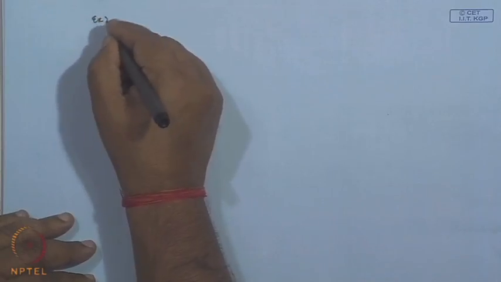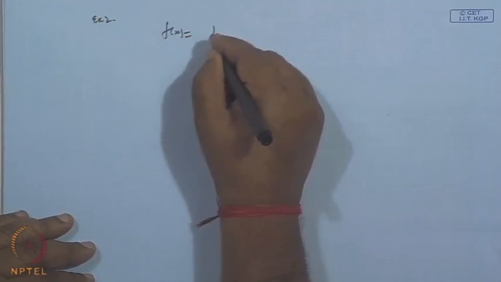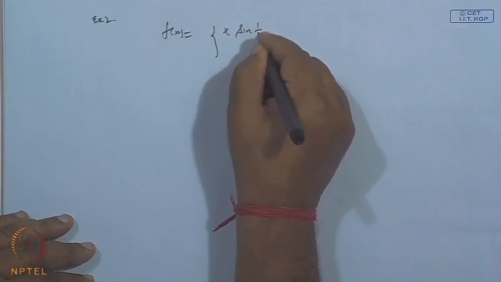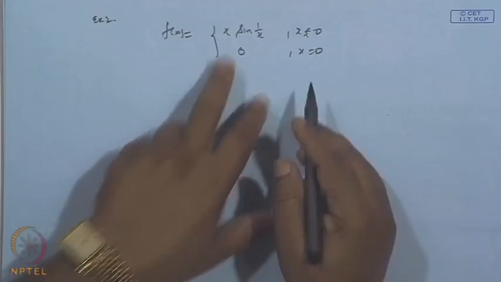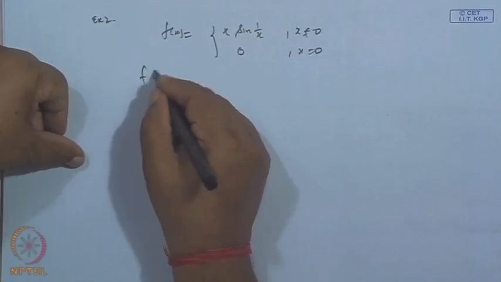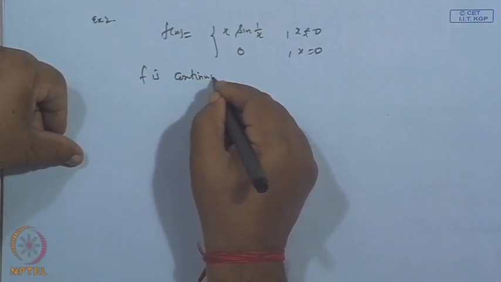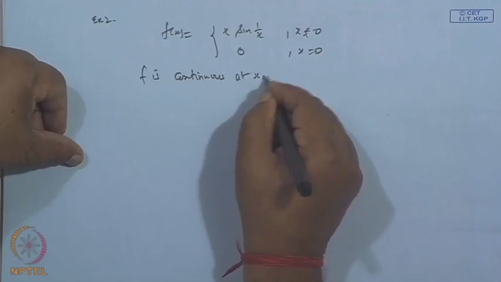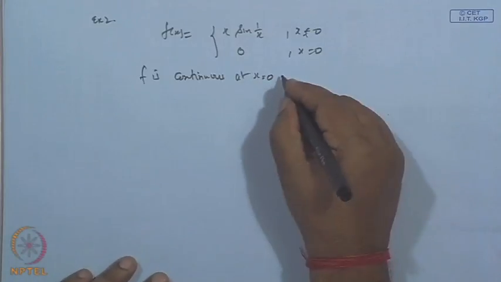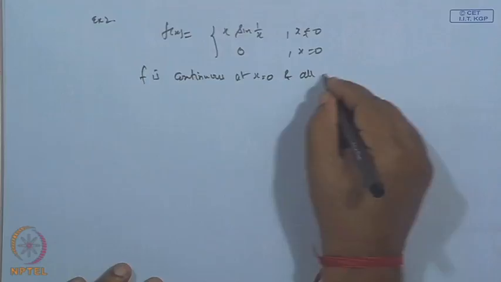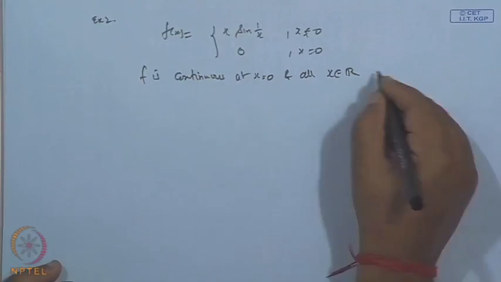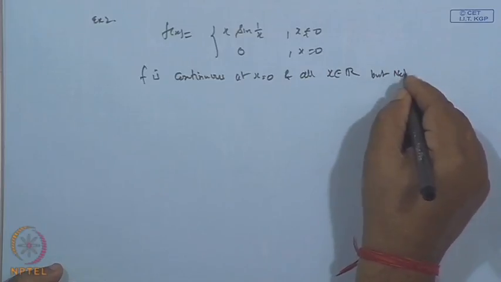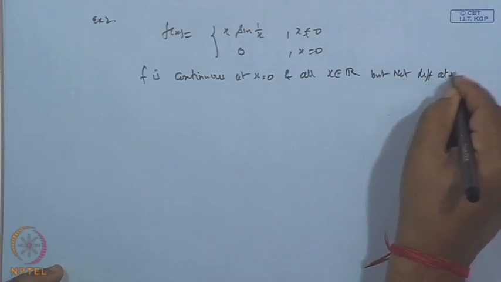Similarly, example 2: if we take the function f x equal to x sin 1 by x for x not equal to 0, and 0 at x equal to 0, then the function is continuous. F is continuous at 0 and also for all x belongs to R. In fact, continuity follows, but it is not differentiable at x equal to 0.